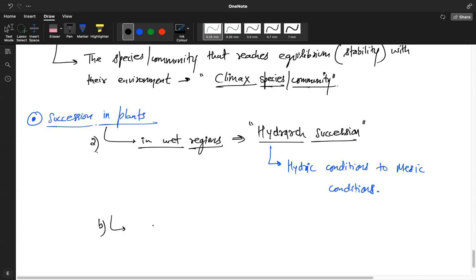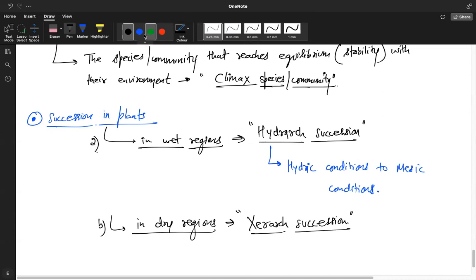Case B, which happens in dry regions, when there's a plant succession, it's called xerarch succession. Hydrarch and xerarch succession. And the characteristic of this succession is that it goes from very dry, which is also known as xeric conditions, to mesic conditions.